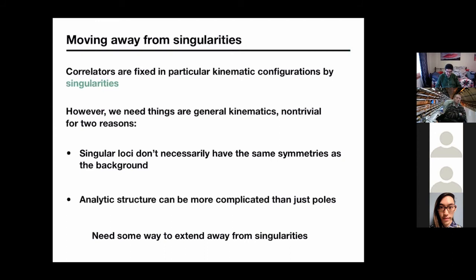But of course, as I just mentioned, these singular limits of kinematic space cannot be accessed for physical momenta. So of course, the things we actually care about are not the correlators in these particular limits. What we want to do is to extend away from these particular kinematic configurations to physical ones and get the full correlation function, okay?